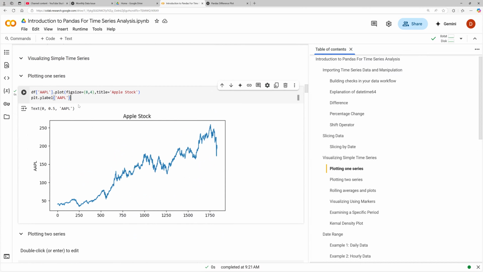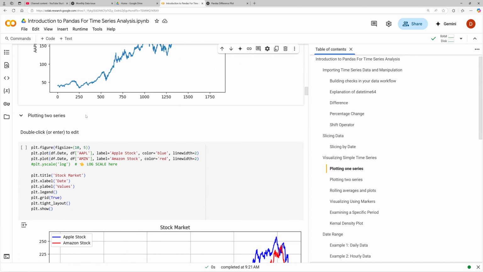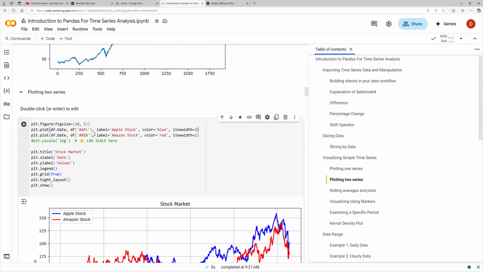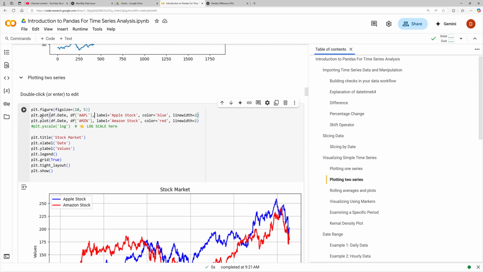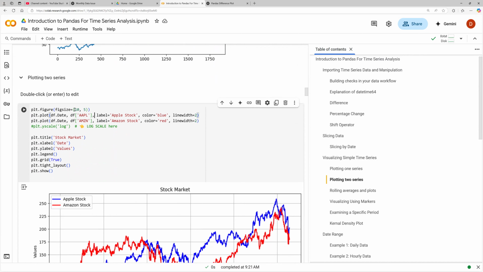This is a question of aesthetics. You want your notebook or your presentation to look appealing to the individual that you're trying to present to. And here's two line graphs. You basically just stack the plots, but you've got this plot figure here.